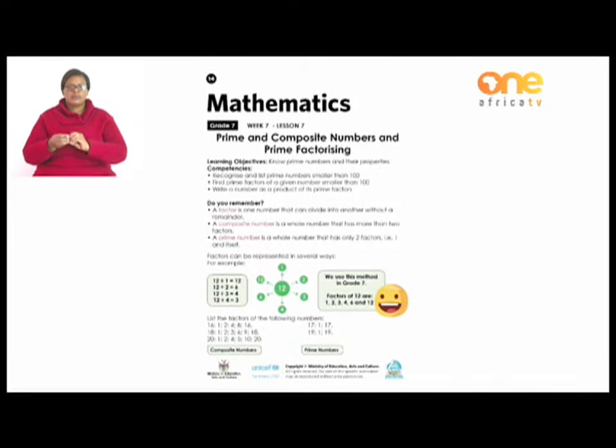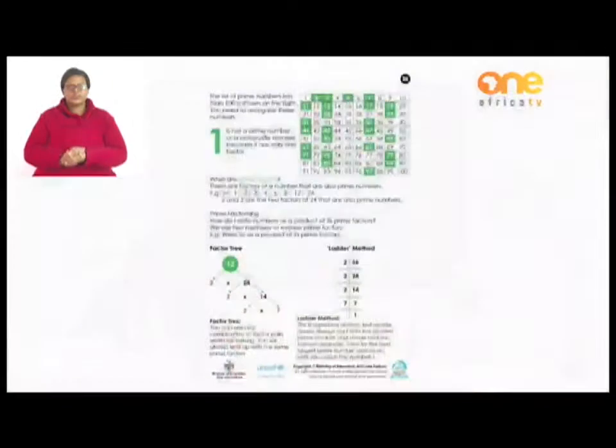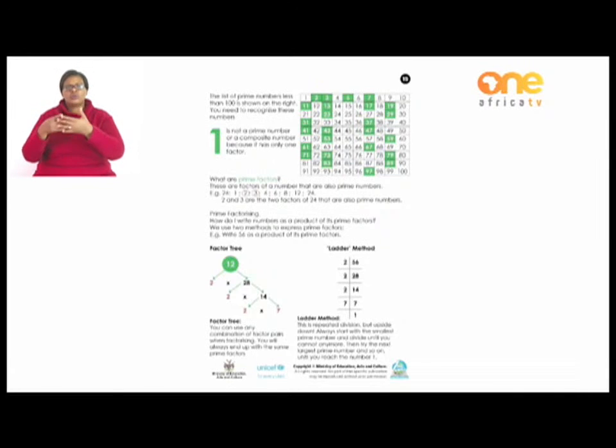Now we move to page 15. On page 15, reading, the list of prime numbers less than 100 is shown on the right, which is in the table. If you look in the table, you can see the numbers.